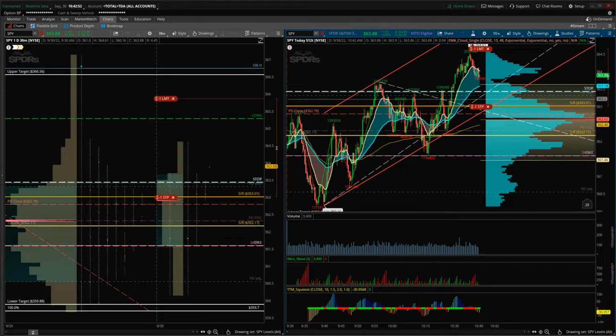Womp. That little bit of support still hasn't broken yet, though. It does seem to be maintaining a very slight gap from our 363.67 to 363.76. So that's like a 10-cent gap.